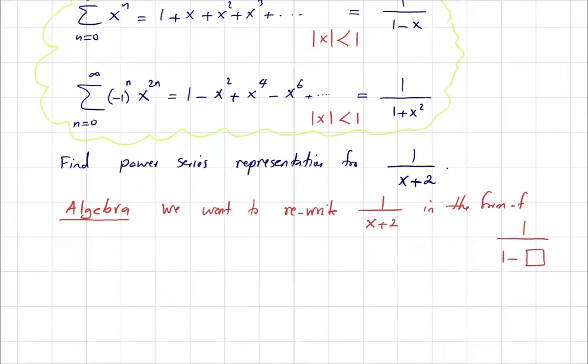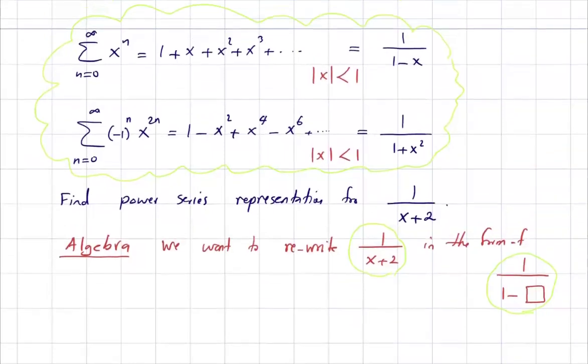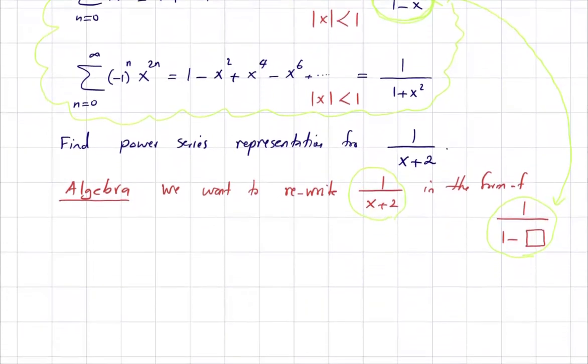This is your goal, using algebra to convert 1 divided by x plus 2 to 1 divided by 1 minus a quantity. Why is that? Because if I have 1 divided by 1 minus a quantity, I can follow this pattern. Okay, let us try our best in using algebra and rewrite this.